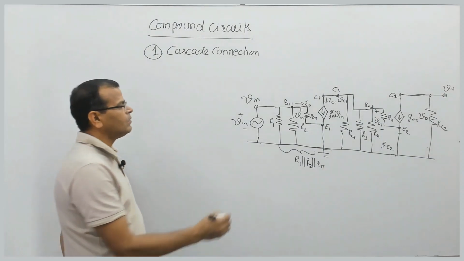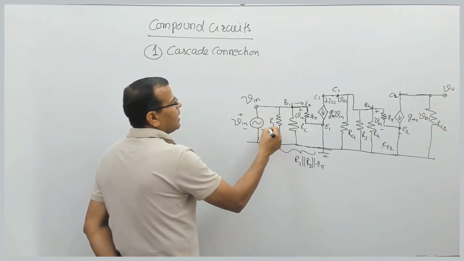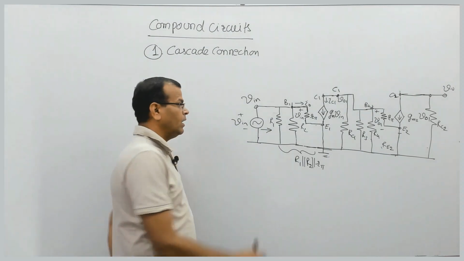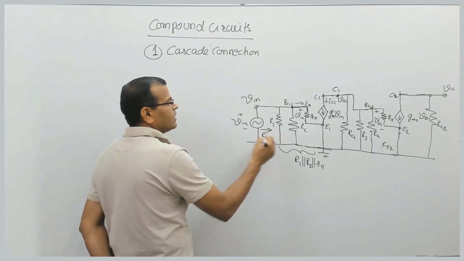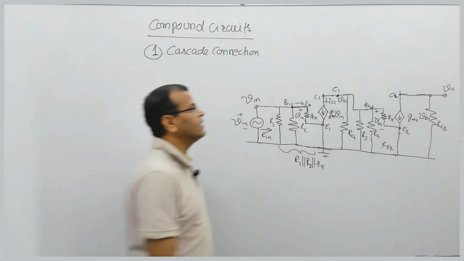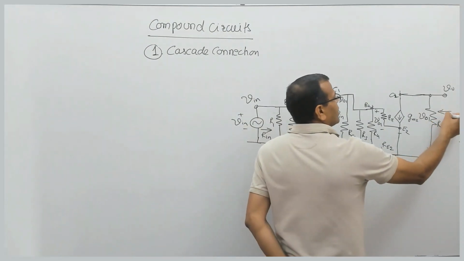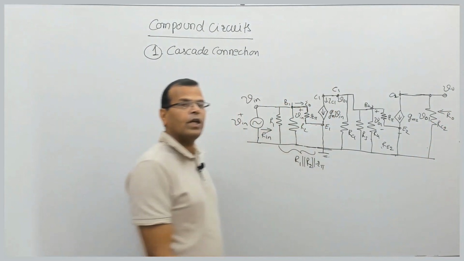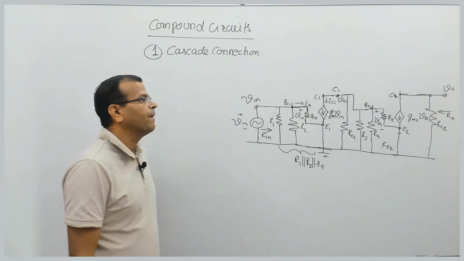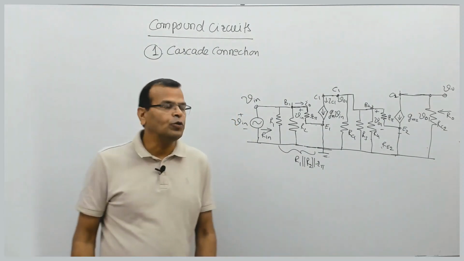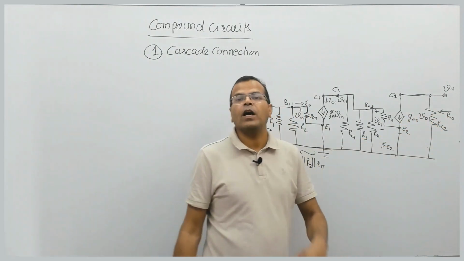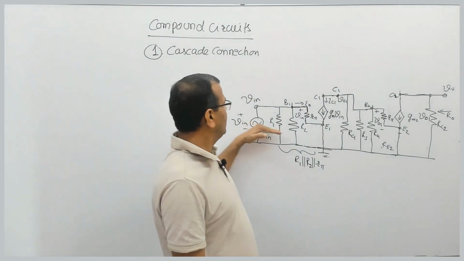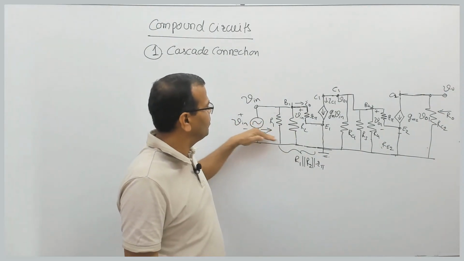And the resistance seen by the input source is the input resistance. The resistance seen from the output side is the output resistance. I hope it's clear. So now this is the resistance seen from this side.